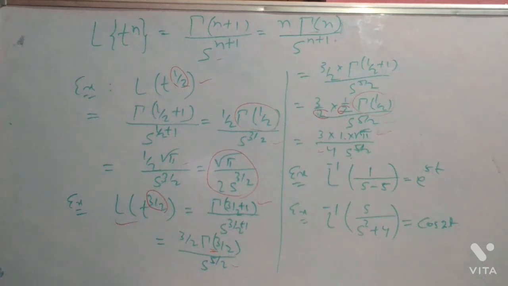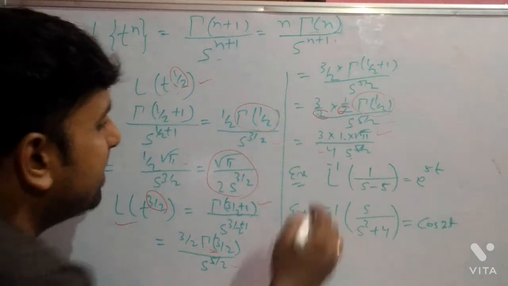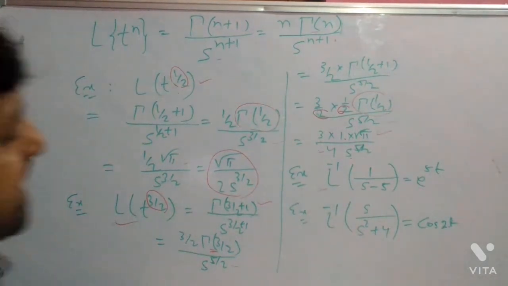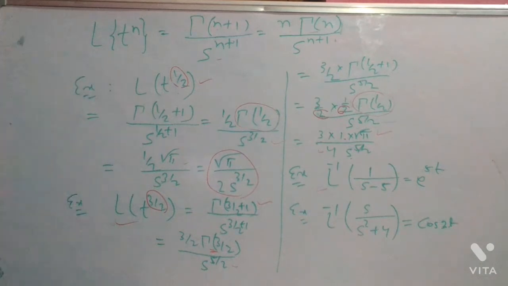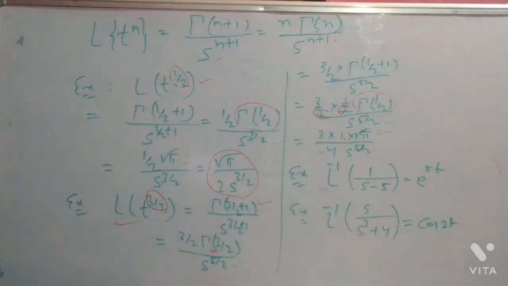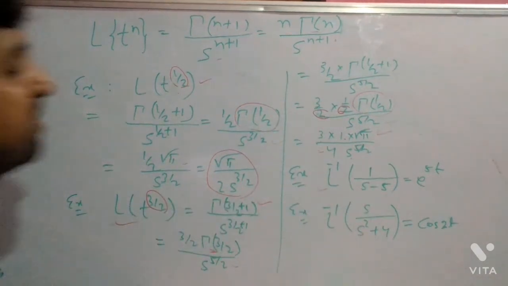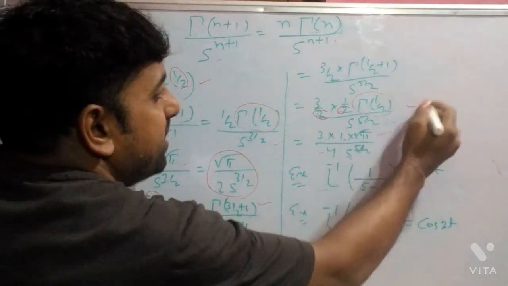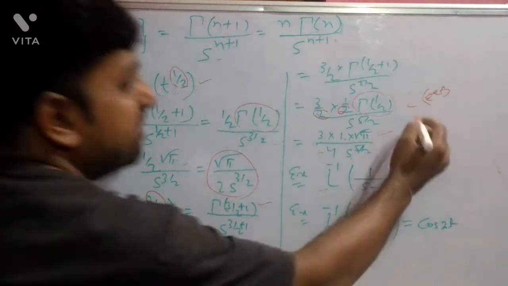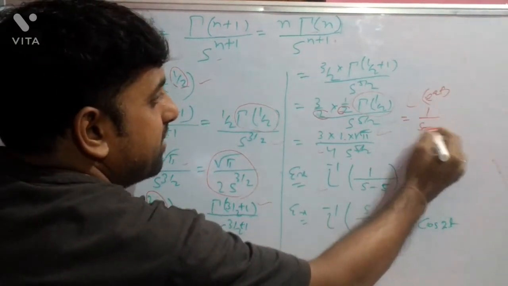Again, next example: Laplace inverse of 1 by s minus 5. What is the Laplace inverse of 1 divided by s minus 5? We know the formula: Laplace of e to the power at is equal to 1 by s minus a.